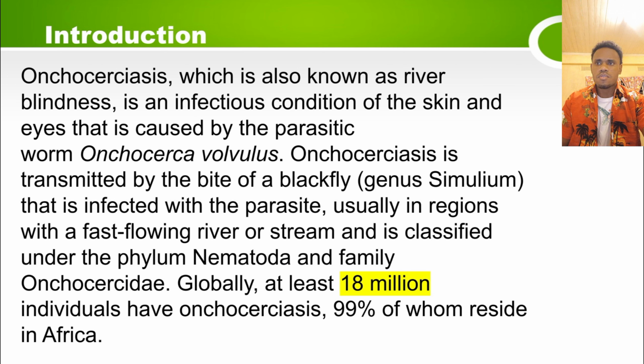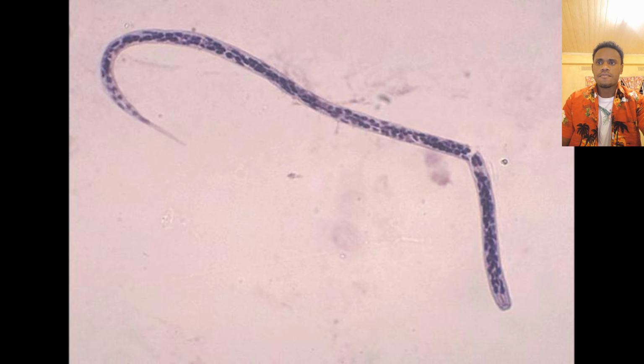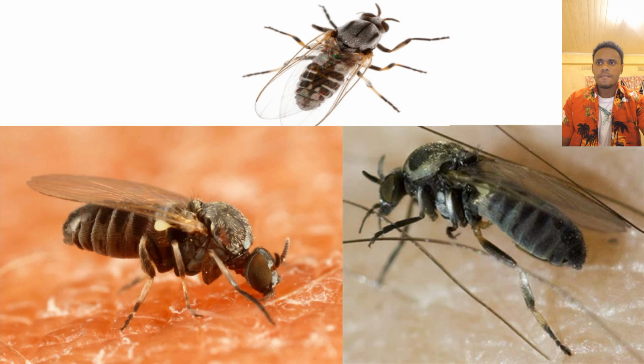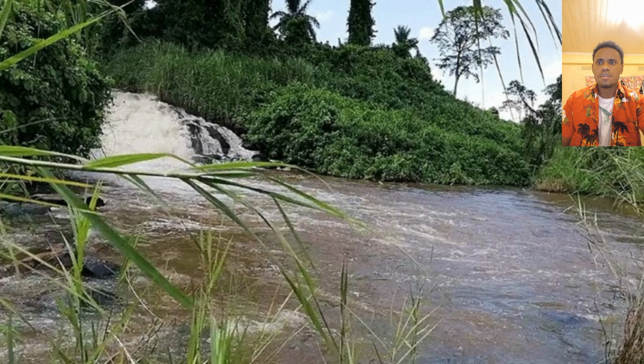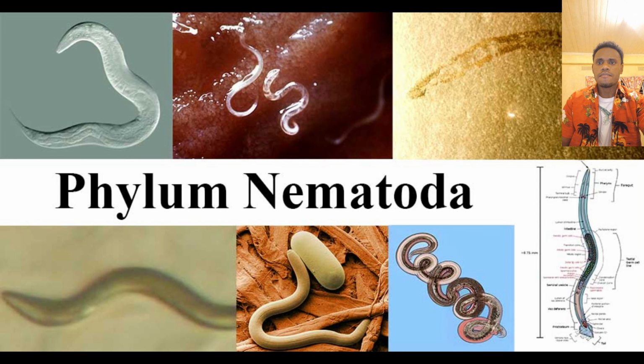Onchocerciasis, which is also known as river blindness, is an infectious condition of the skin and eyes that is caused by the parasitic worm Onchocerca volvulus. Onchocerciasis is transmitted by the bite of a black fly, genus Simulium, that is infected with the parasite, usually in regions with fast-flowing rivers or streams, and is classified under the phylum Nematoda and family Onchocercidae.